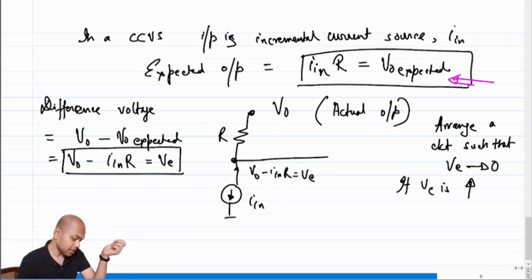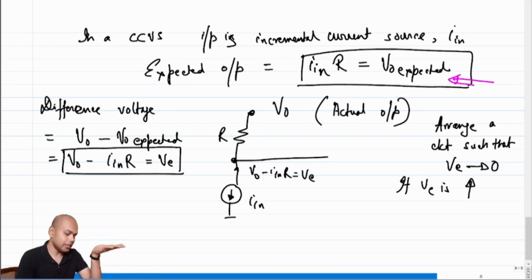It is essentially telling us that the current that I am drawing out from V0 is not sufficient, right? That's what I am being told.